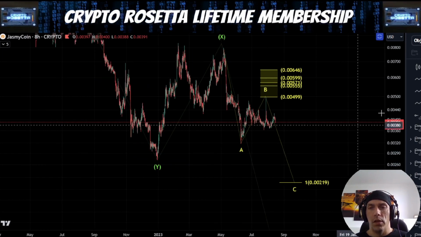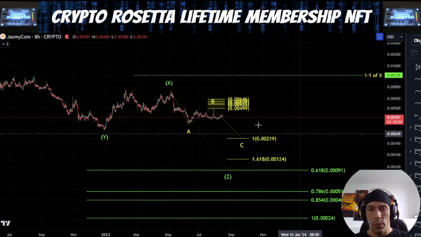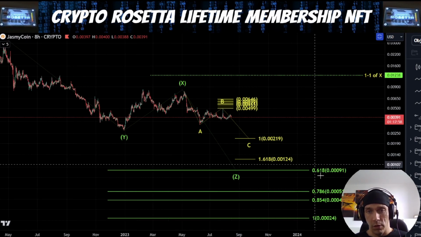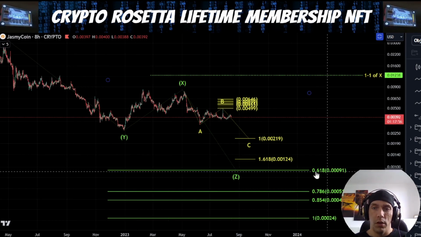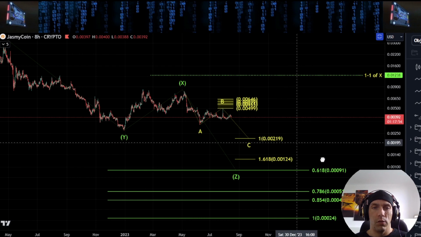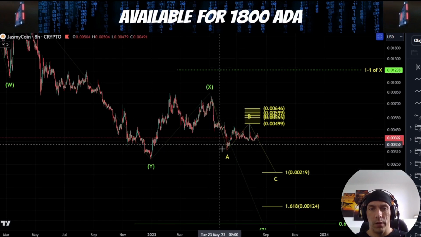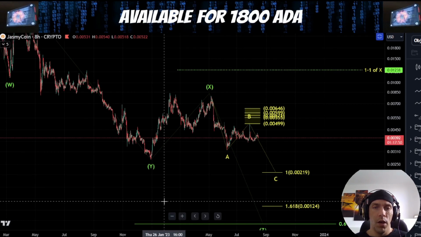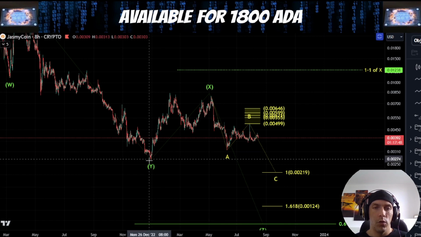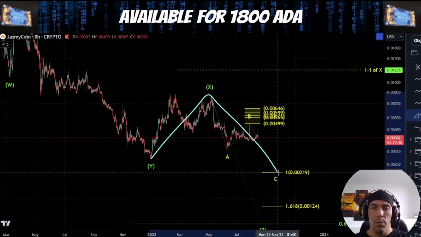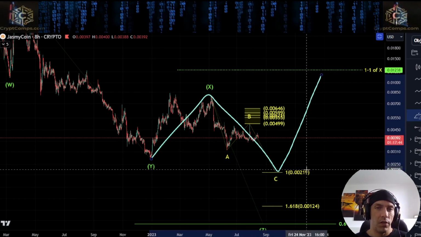But like I said here, what I really want to see for more confirmation that this is a completed corrective move to the downside would be pushing down towards this 0.618. If we do start to form something like this as a bigger ABC pattern, we need to be careful here, because this could also just be A, B, and then we look for C as a corrective structure.